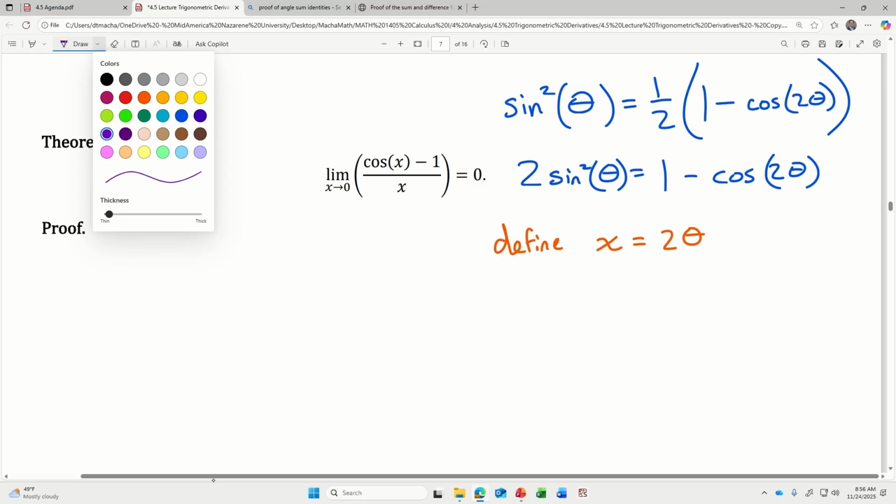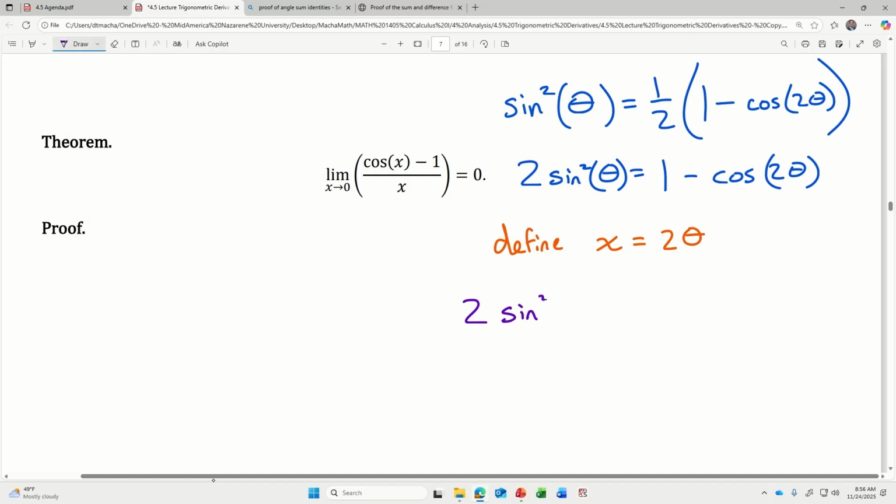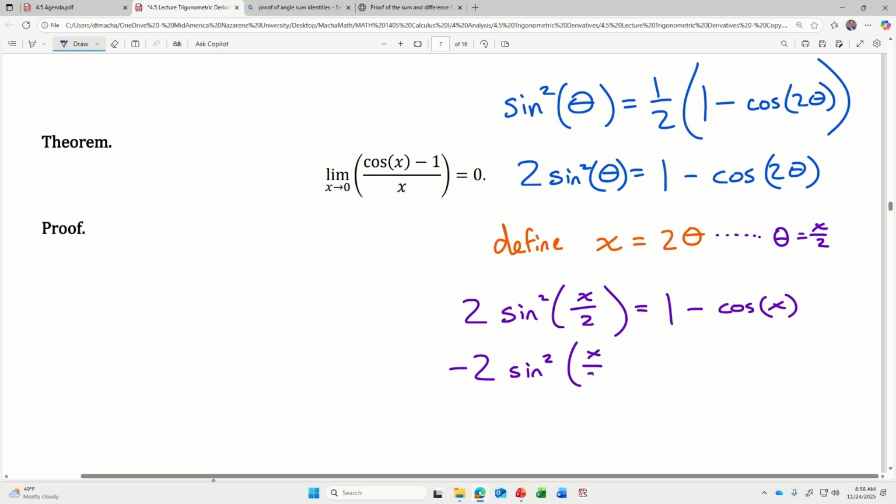And now we can begin getting started with this proof by saying that 2 times sine squared of x over 2 must be equal to 1 minus cosine of x. Or negative 2 sine squared x over 2 has to be equal to cosine of x minus 1.